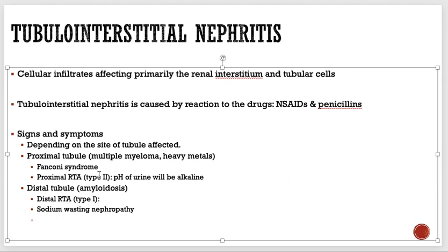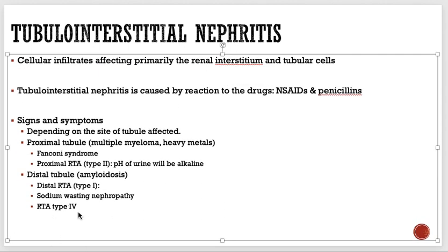So what is type 4 renal tubular acidosis? There is reduced renal bicarbonate production, which is caused by hyperkalemia. This is how patients with type 4 distal tubule problems will present.